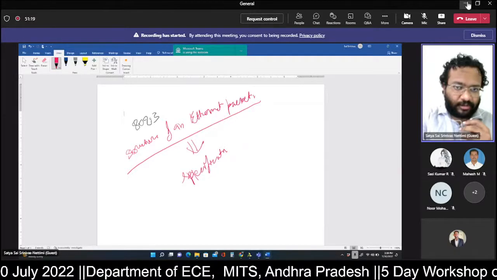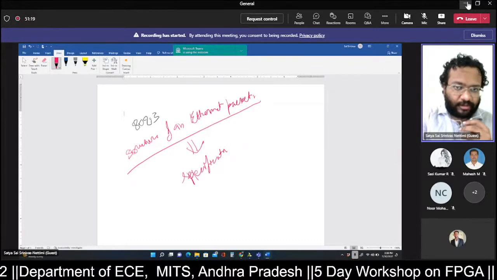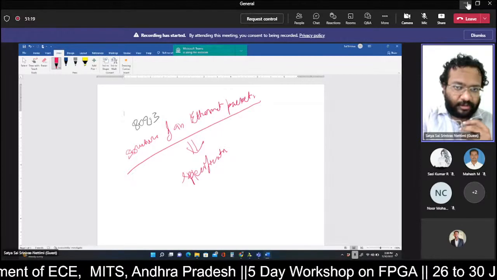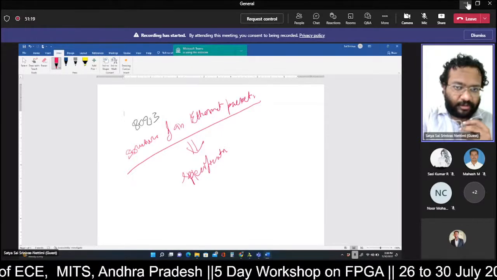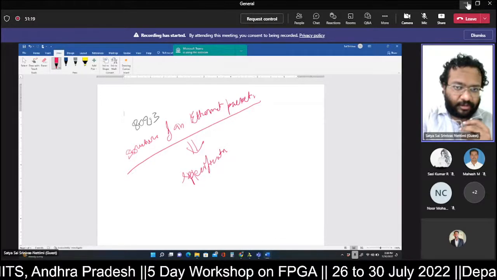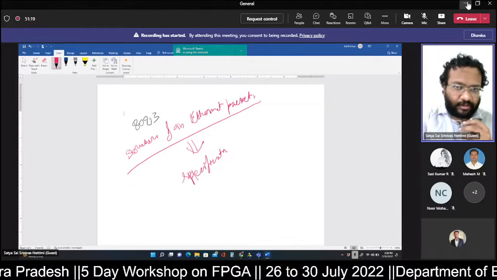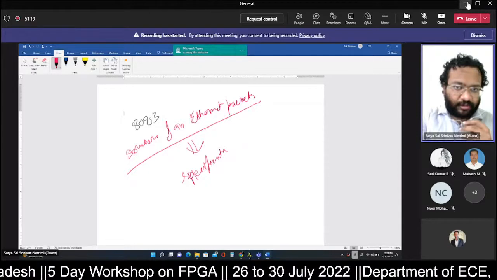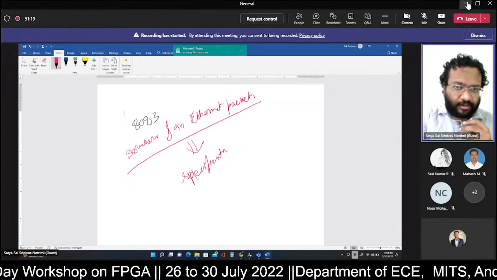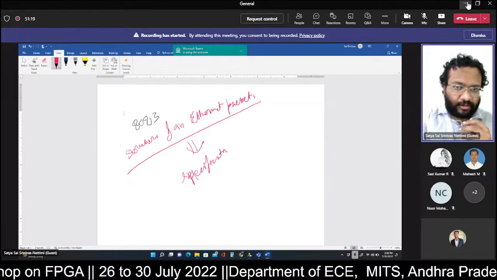So for that, let me declare registers, packet_reg, and the next state logic which is going to update this register, which I am naming packet_next. Upon reset, the register packet_reg should be reset to 0.